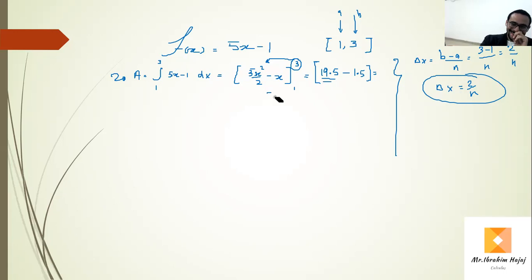So it's 18. The 1.5 is 5 times 1 squared over 2, which is 2.5. 2.5 minus 1 is 1.5. You plug in 1 for x, so it's 5 over 2, 2.5, minus 1 gives 1.5. Okay, it's 18. Thank you.